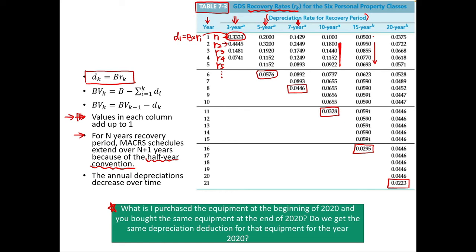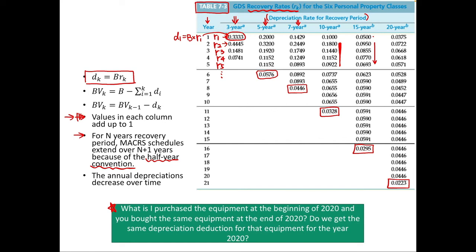Then what about the other half year value? For those who bought the equipment or asset at the beginning of that year, who lost that half year depreciation, the IRS will have some number to make it up.